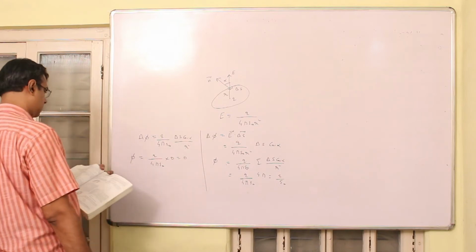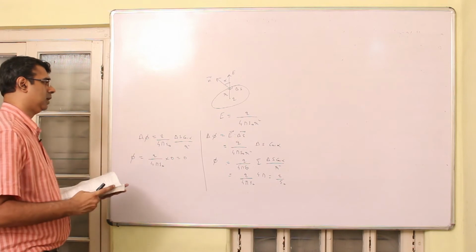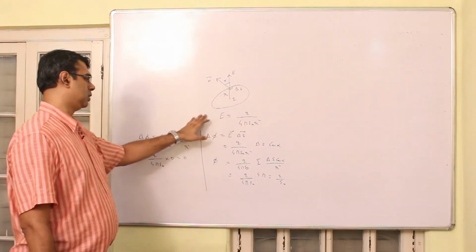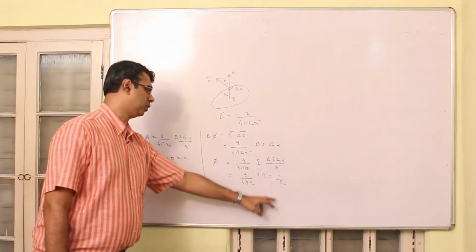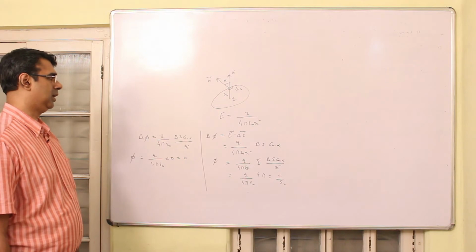So that means the flux will also be 0. So the flux of the electric field through this closed surface is equal to Q divided by epsilon naught. So this is known as Gauss's law.